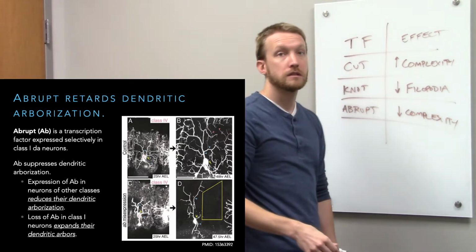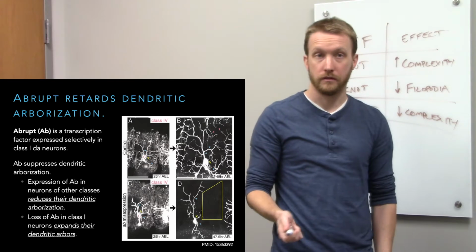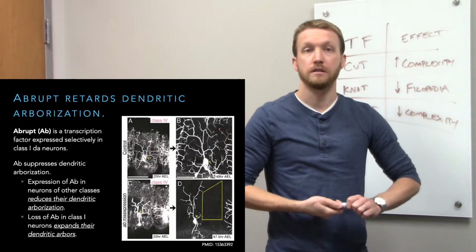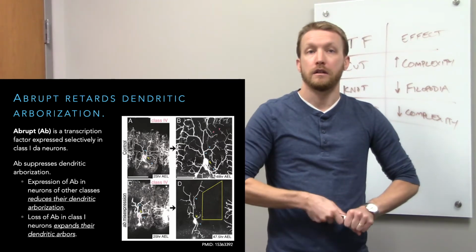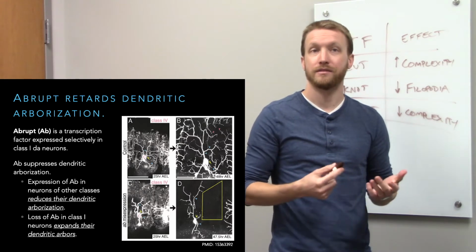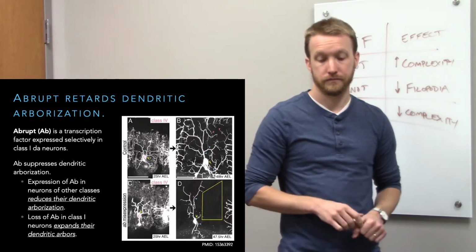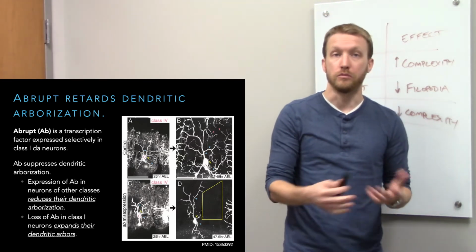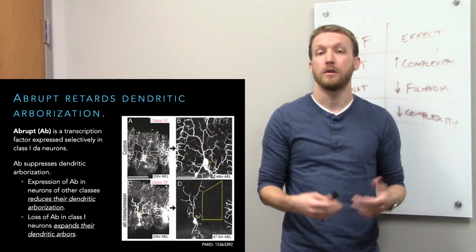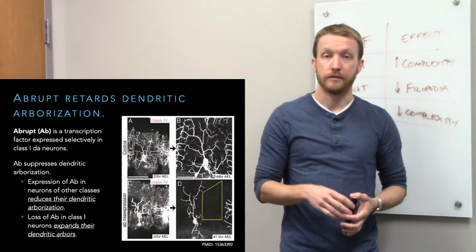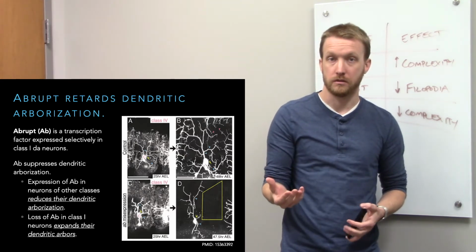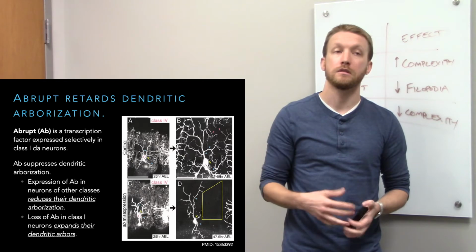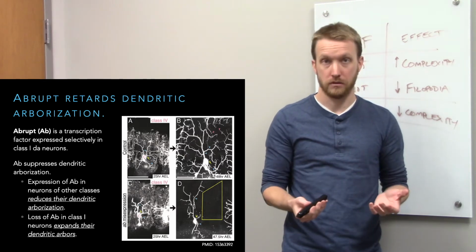So the class 1 dendritic arborization neurons, they're going to have higher levels of abrupt expression, and that's why they're simpler. So class 1, if you remove abrupt, they become more complex. If you express abrupt in class 4, their dendrites become simpler.